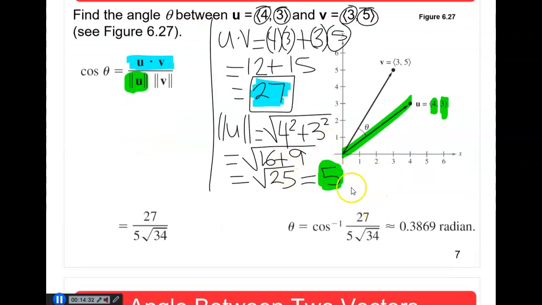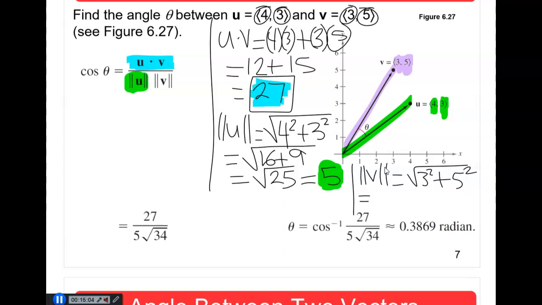And now let's go ahead and find the magnitude of the other vector. So for that, we're going to have the magnitude of vector v. So we take the horizontal component, which is 3, and then we square it. So 3 squared plus the vertical component, and then we square it, so 5 squared.